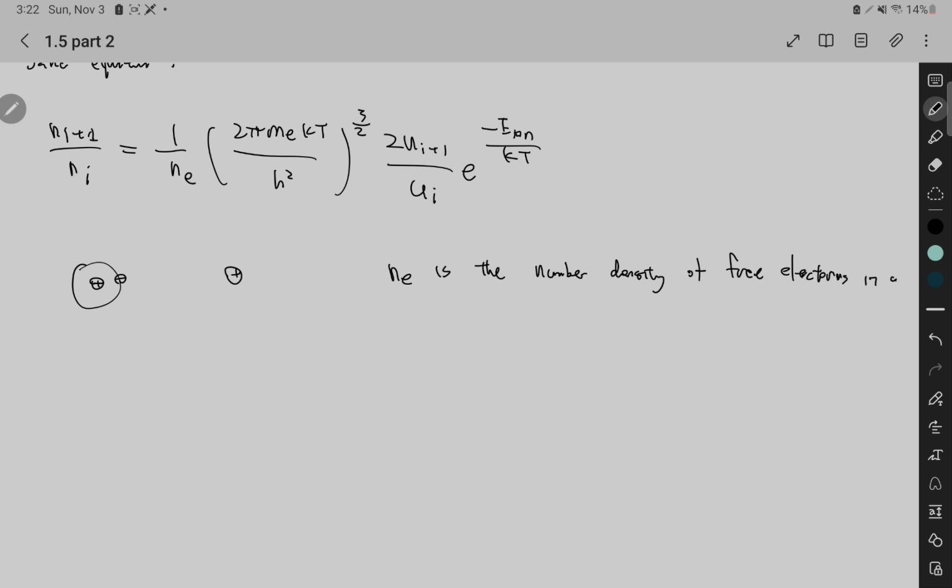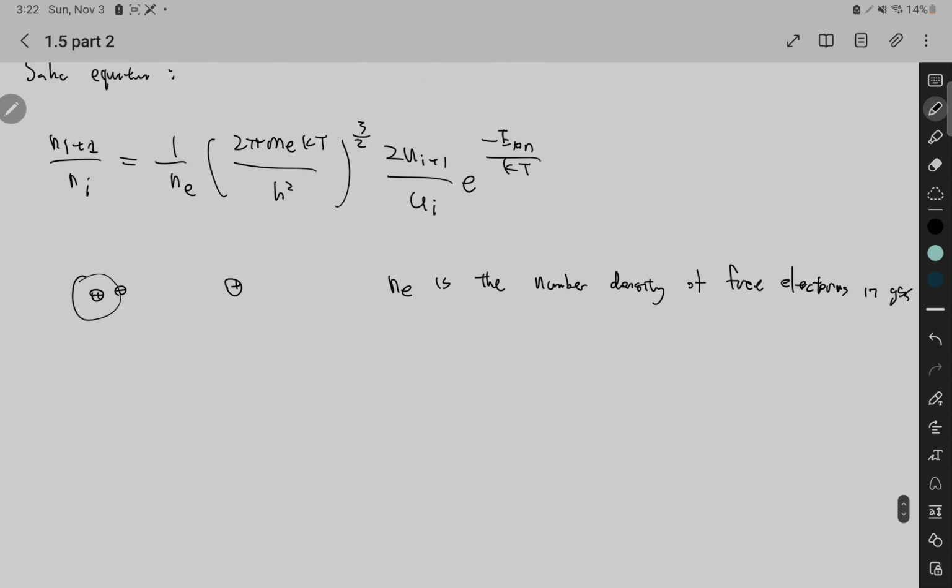T is the temperature here, and me stands for the mass of the electron, and pi, k, h, all these are just constants, right? And Ui and Ui plus 1 stand for the partition functions. And Ei is the ionizing energy of the ion i from its fundamental energy level. So for hydrogen, this will be 13.6 eV, as we talked about.